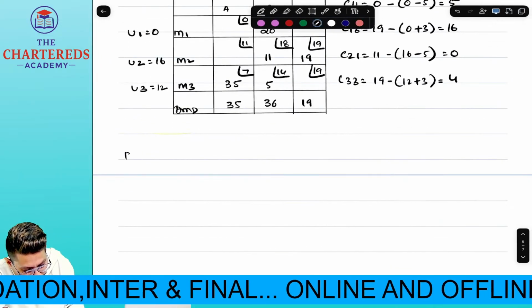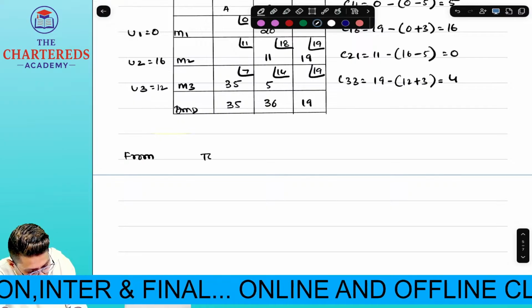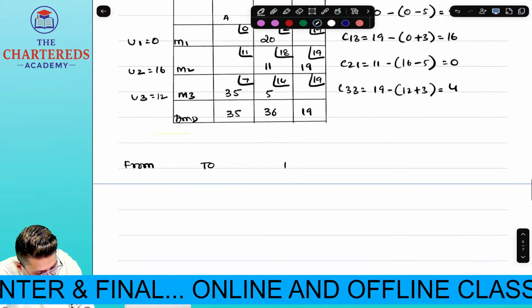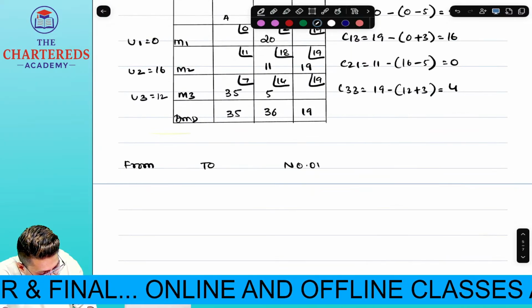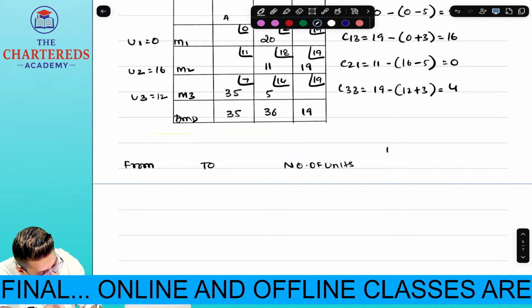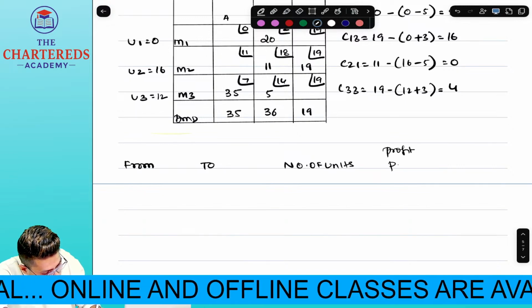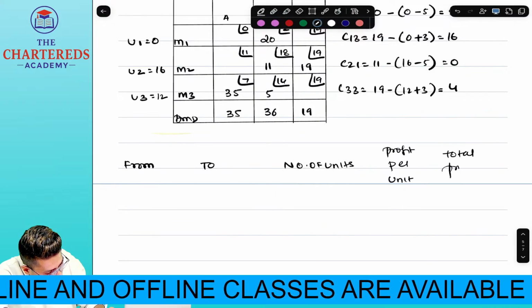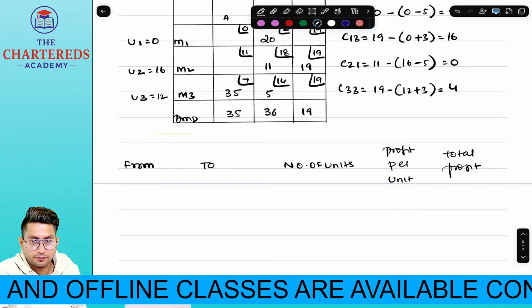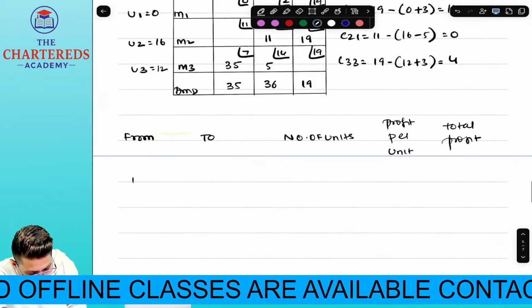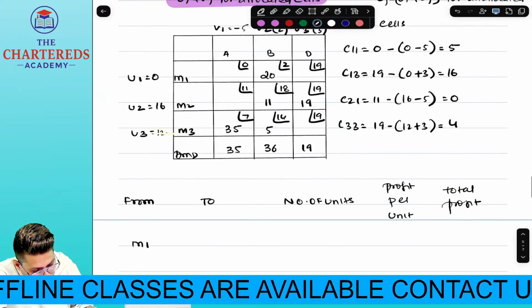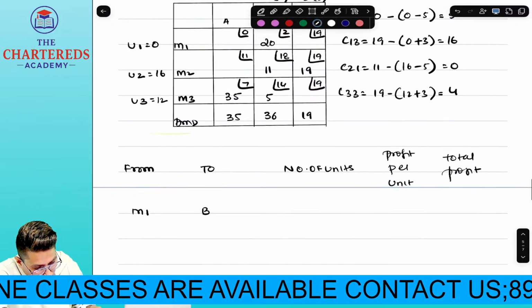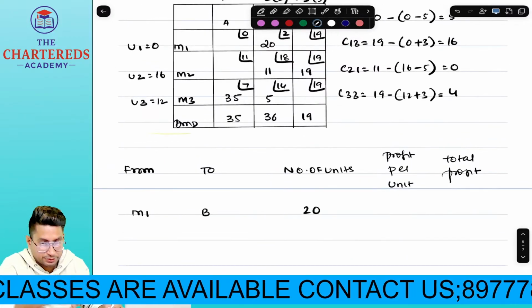So here it will be from, to, then we have number of units, profit per unit, and total profit. Then we have total profit from M1 to B. How many units are there? 20 units.